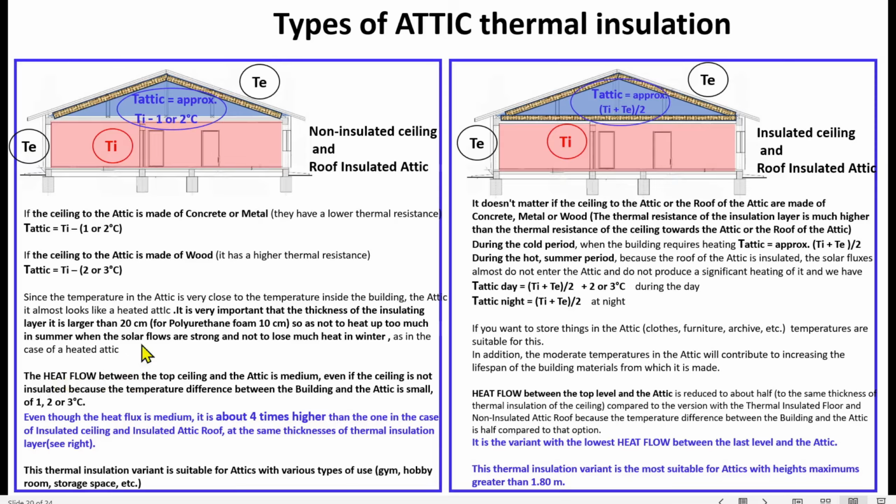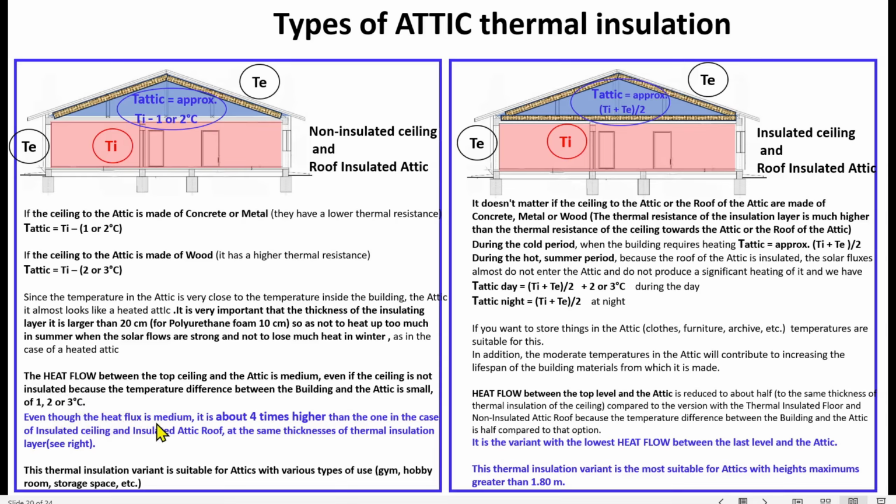The heat flow between the top ceiling and the attic is medium, even if the ceiling is not insulated, because the temperature difference between the building and the attic is small, 1, 2, or 3 degrees Celsius.